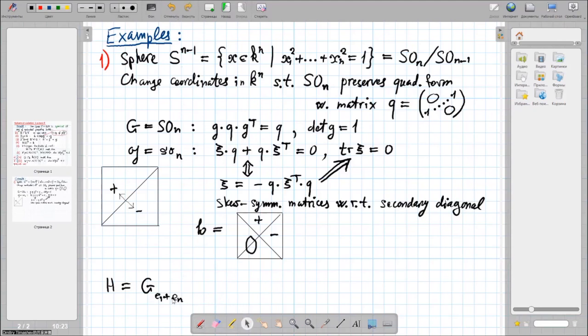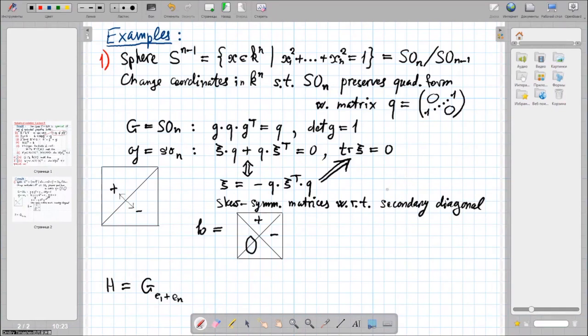So let me remove these drops of ink to make the formula look better. Okay, so this vector e_1 plus e_n has inner square 2.